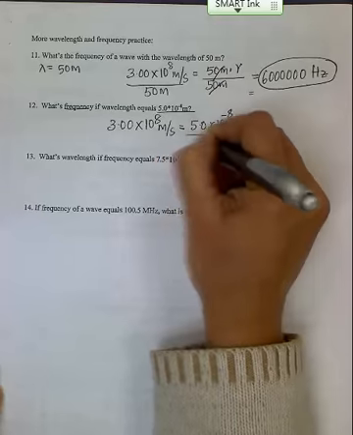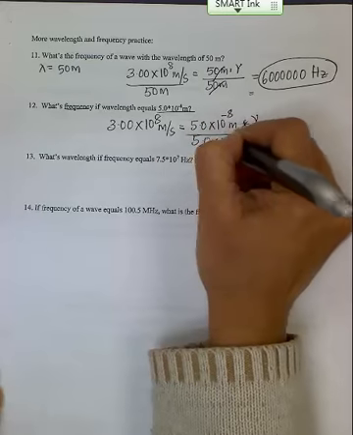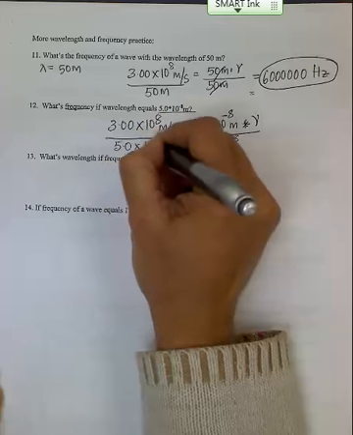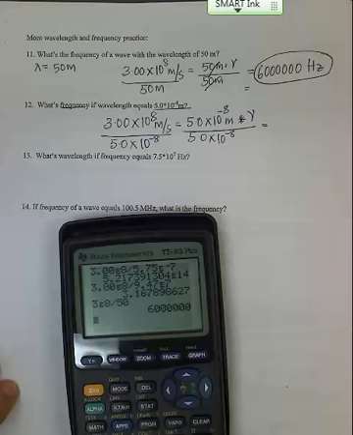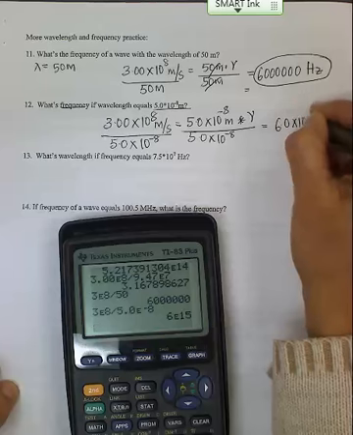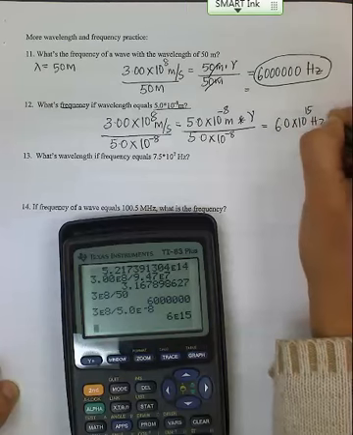So I'll divide both sides by the same number, and I should be able to solve. You have to watch out for the math in this case. The numerator has a positive power while the denominator has a negative power, so you have to make sure that you raise it to the positive power. If I put it into my calculator, my answer is 6.0 times 10 to the 15 hertz.